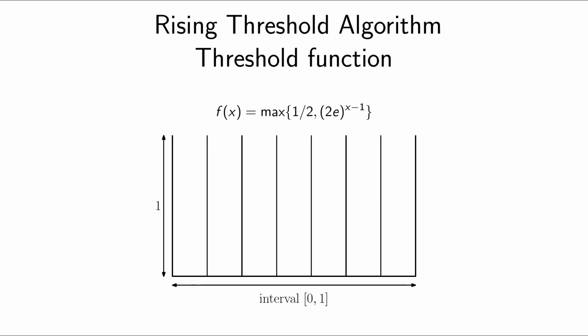To assign thresholds to knapsacks, we draw knapsacks next to each other in a 1x1 square, and we use the plot of f to determine the threshold. Precisely, for the ith knapsack, we assign the threshold f of the argument 1 divided by i plus 1.